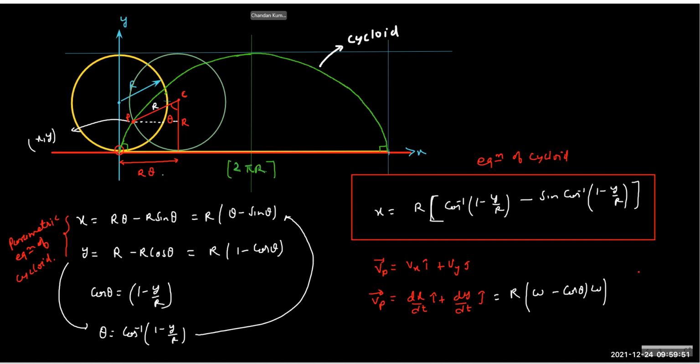Okay, so I can take omega common, then it becomes omega. And if you differentiate the second term, it will give you omega r sin theta. That's something interesting. So we are getting omega r times 1 minus cos theta i cap and omega r sin theta j cap. This is the velocity of the point.